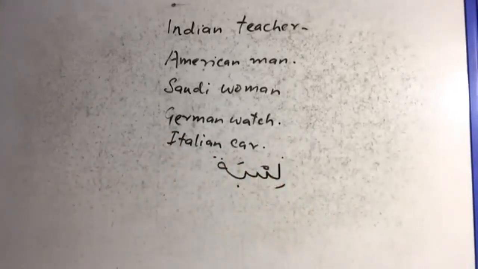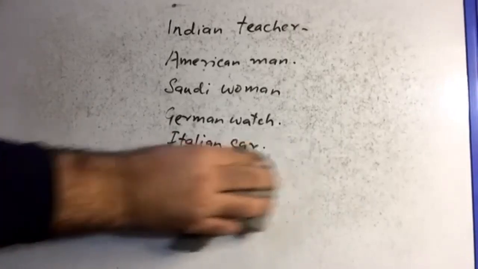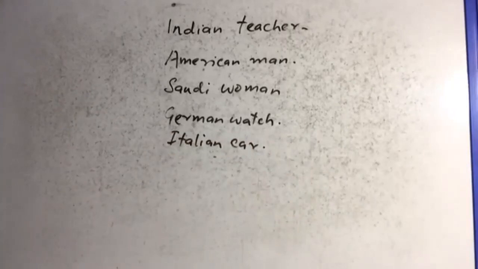Nisbat. So how do we go ahead and convert? We know how to write India, we know how to write America, we know how to write Saudi Arab, but how would we use it as an adjective? In English, you will call it a relative adjective, because this is in relationship with something.